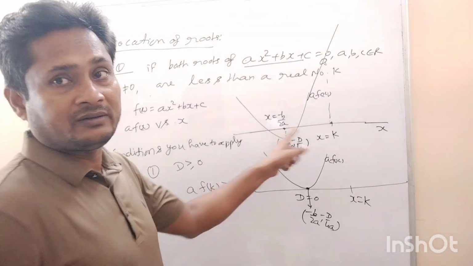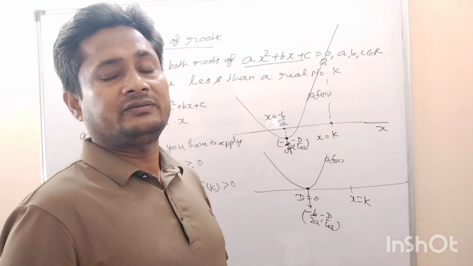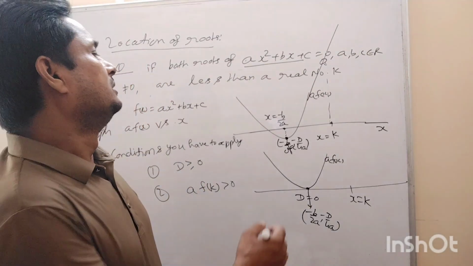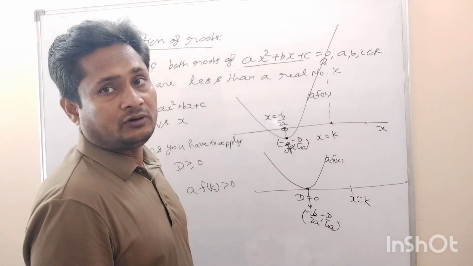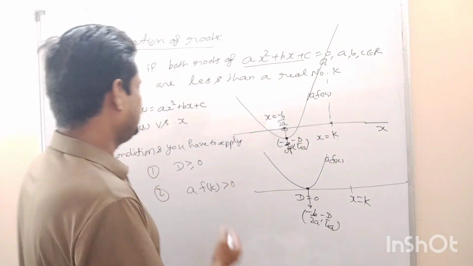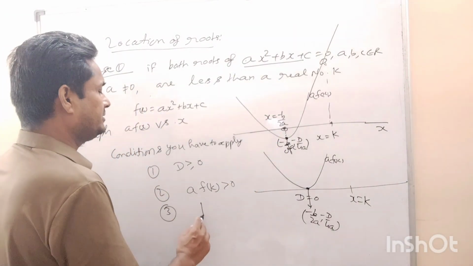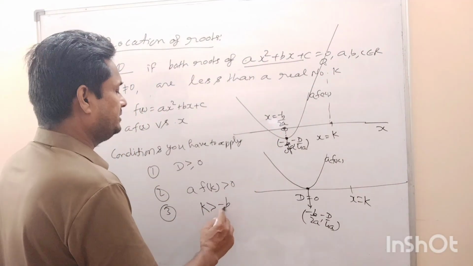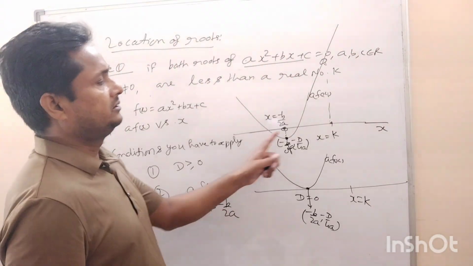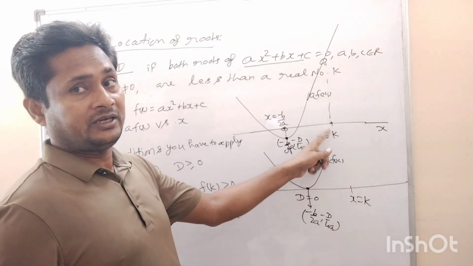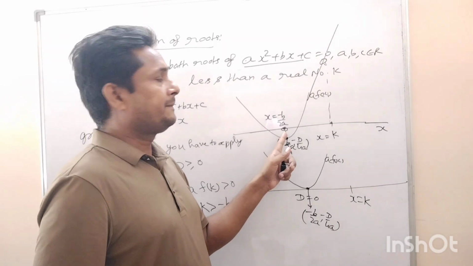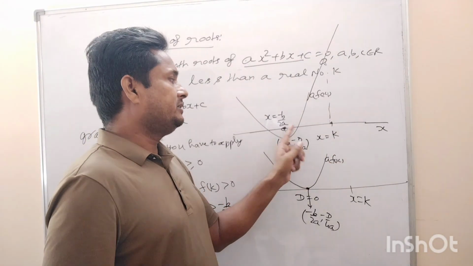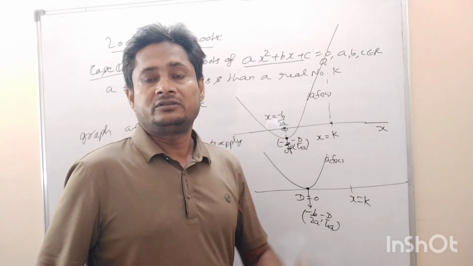Here we don't know exactly which one is alpha and which one is beta, but we know exactly this value of x. So if we restrict the condition that k is greater than minus b by twice a, if we restrict that k is greater than the value of this one, then k will be greater than both alpha and beta.